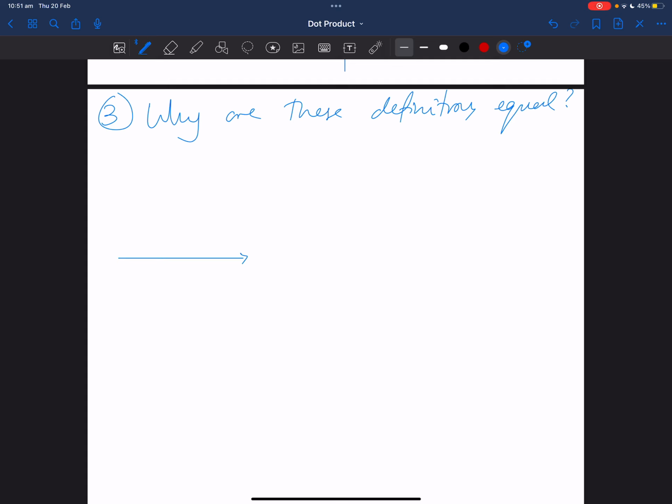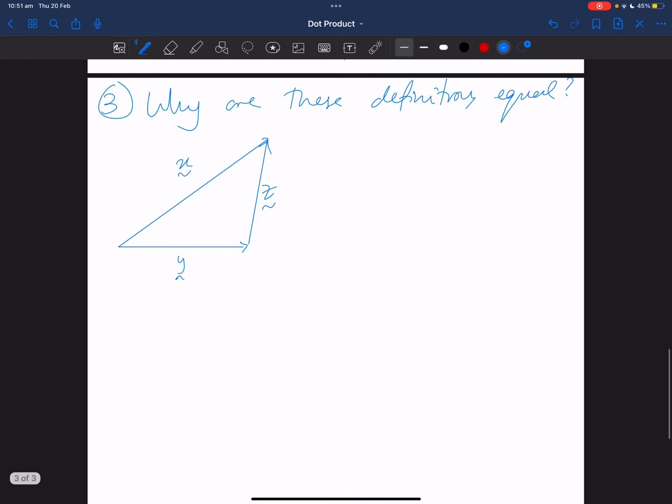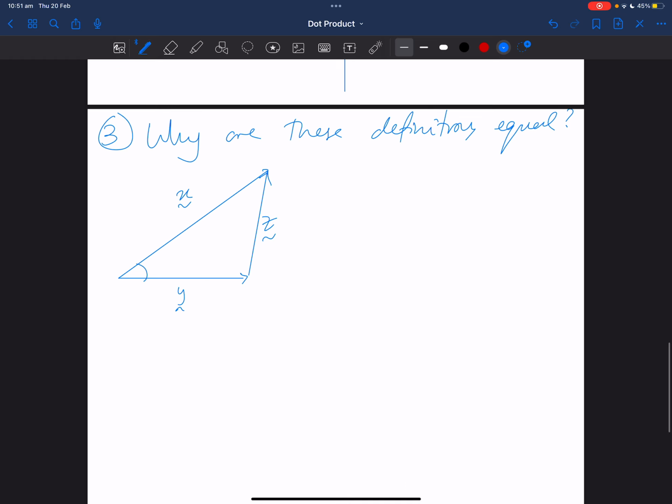We have a vector y, some vector x, and let's also fill in this and give this vector the name z. So this is just a triangle. Let's call this angle theta. And in any triangle, it doesn't have to be a right angle triangle, we can use the cosine rule.